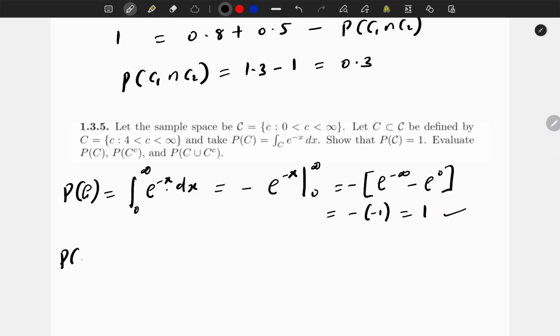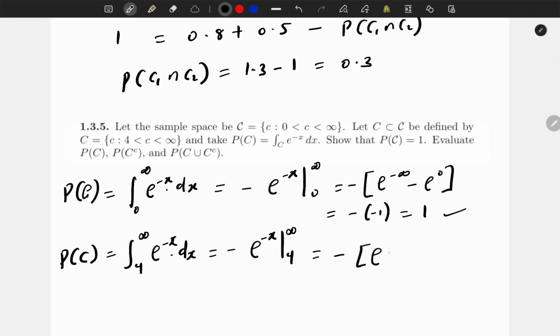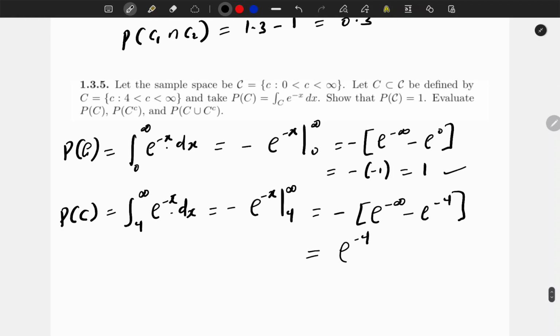Then the probability of C, now C is given from 4 to infinity of exponential minus x dx, and that is equal to minus exponential minus x from 4 to infinity. Also we have minus exponential minus infinity minus exponential minus 4, and that's equal to exponential minus 4, because this decays to 0, and now we are left with that.